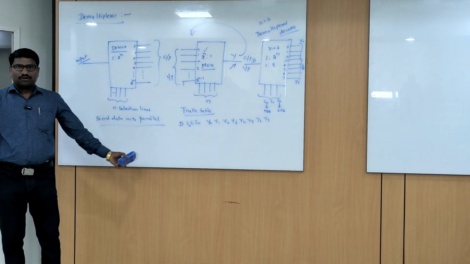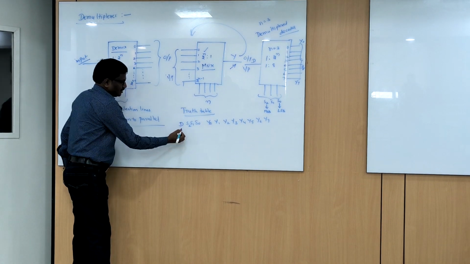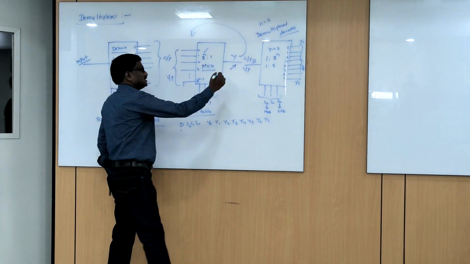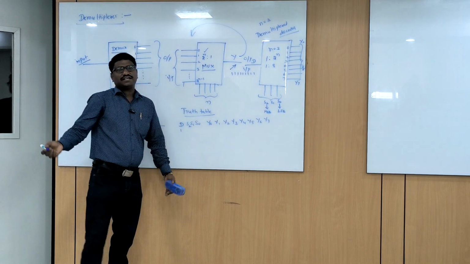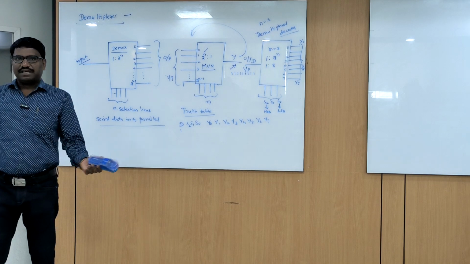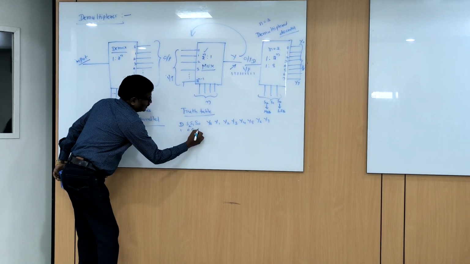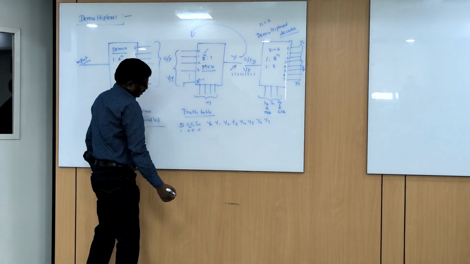Let's explore how it is going to function. Let's say I keep data equal to 1 forever, assuming that the serial data coming into the demultiplexer is always 1. It can be anything, but as an example I am taking 1. Now look into the selection lines, then look at the output.